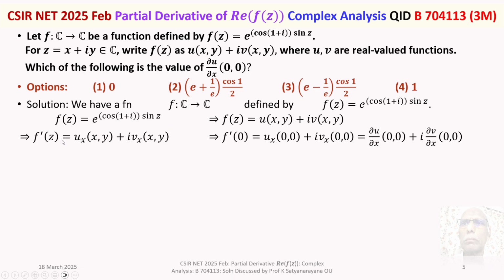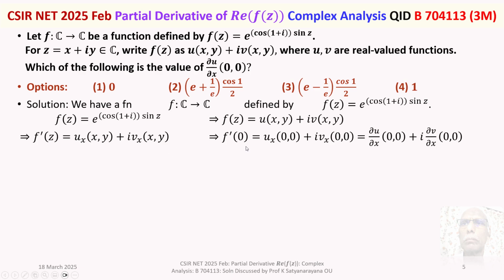Therefore, its derivative exists and u and v satisfy Cauchy-Riemann equations, which we will be using in the process of getting f prime z is equal to u_x at (x,y) plus i v_x at (x,y).